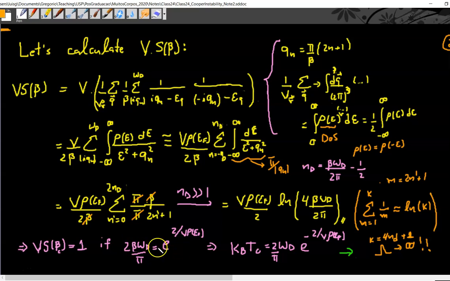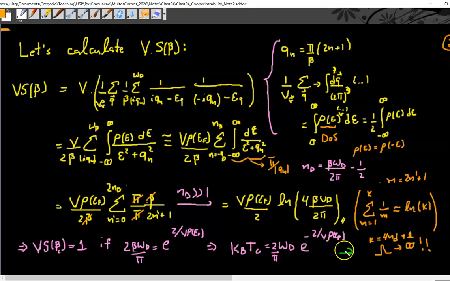So if I solve for beta, this will happen at a critical temperature, which is essentially the Debye frequency times an exponential factor. But for temperatures at or below this, the pair vertex amplitude will diverge, okay?